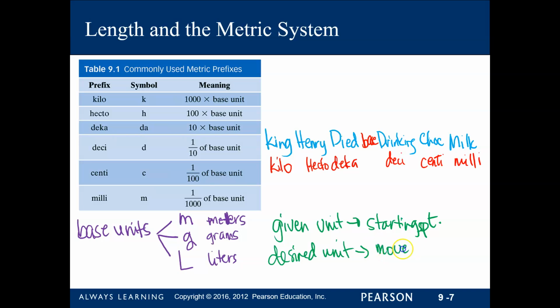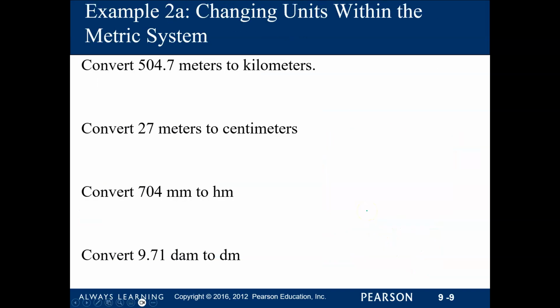Move left or right, okay? So this is like moving your decimal point to the left or to the right, okay? That's the easiest way. So this is why you don't need to do any computations. All you need to do is just jump from going to the left, going to the right based on your given unit, okay?